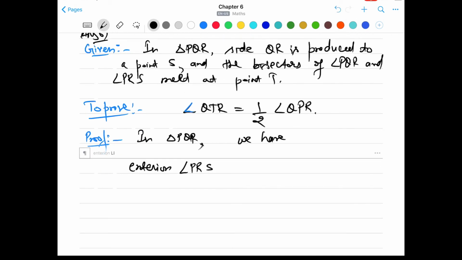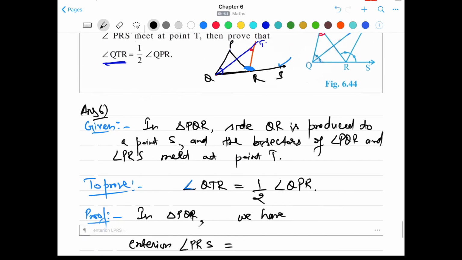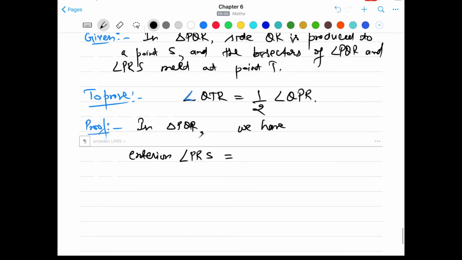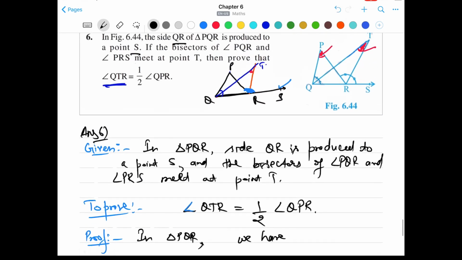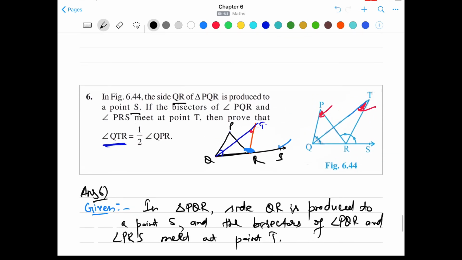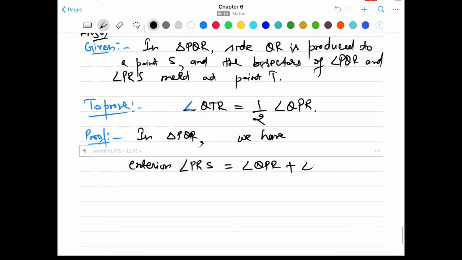Angle PRS will be equal to angle P and angle Q. P is actually angle QPR, plus angle PQR.